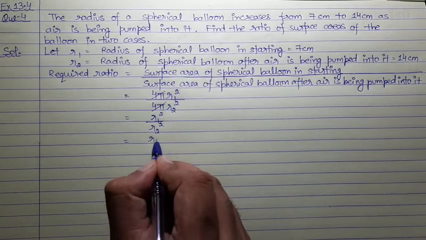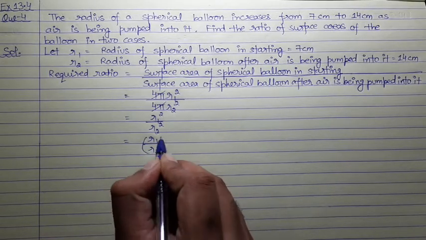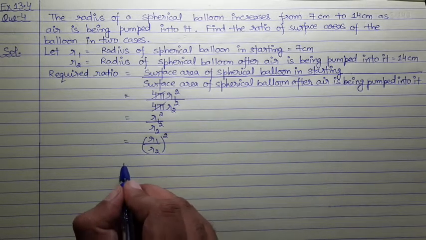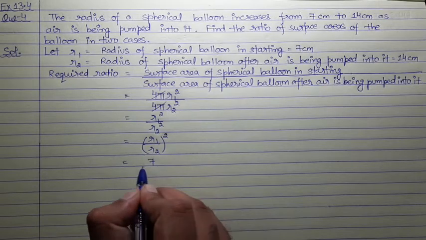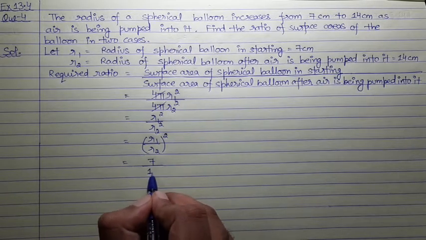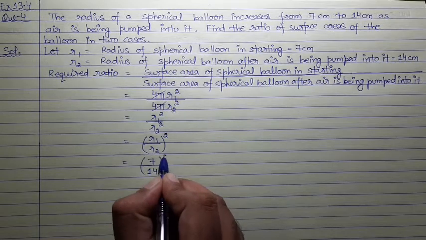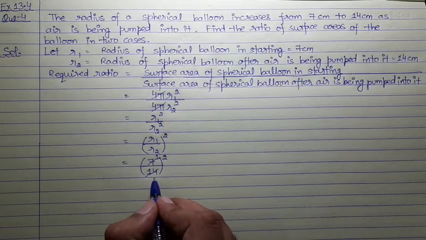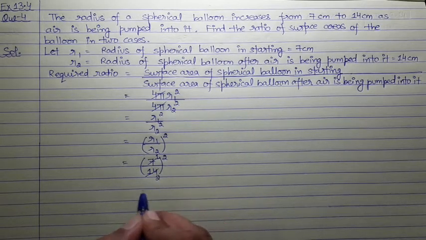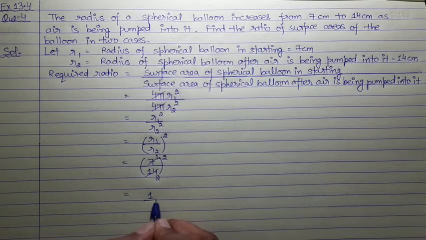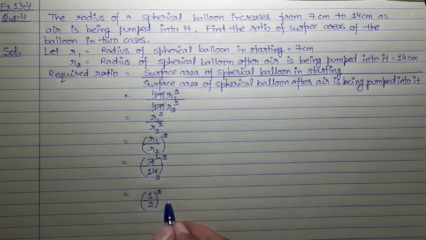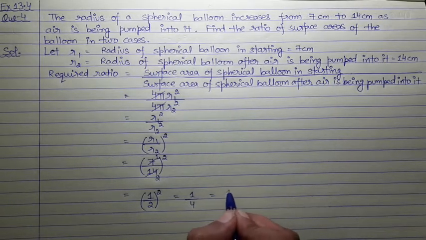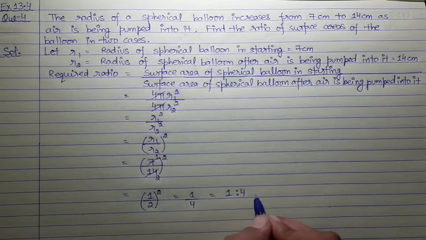We can write r1 over r2 whole square by using law of exponent. R1 is 7, R2 is 14 raised to power 2, and when we cut 14 with 7 we get 2. 1 over 2 whole raised to power 2 is 1 over 4. So the required ratio is 1:4.